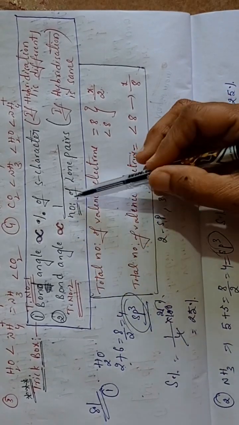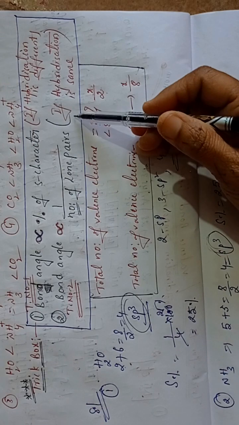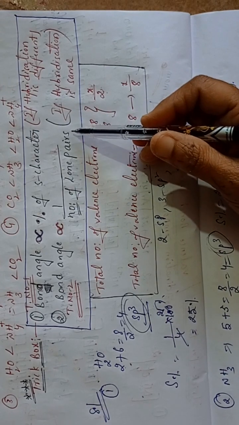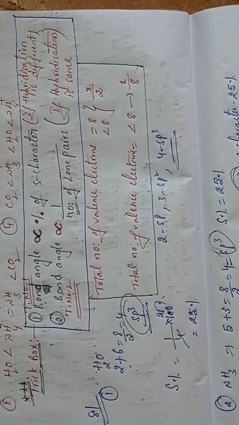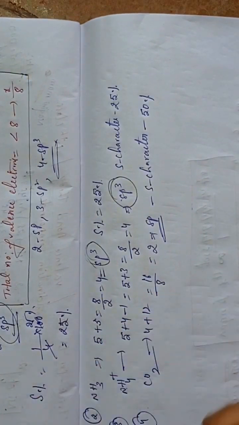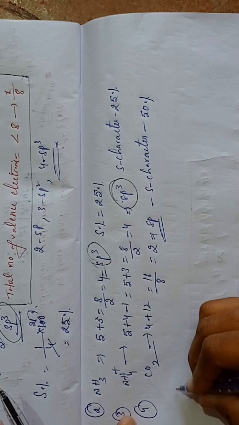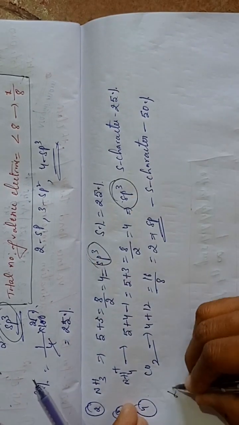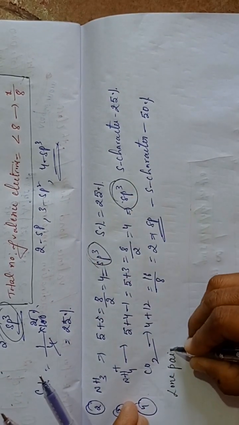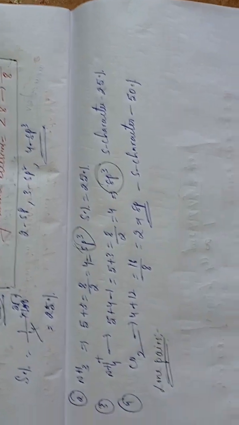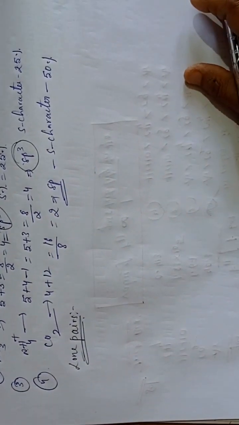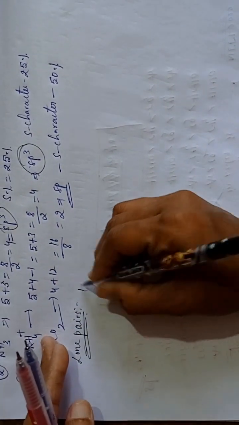Bond angle is directly proportional to 1 by number of lone pairs. So first I'm going to calculate the lone pairs. Okay, for the first 3 compounds I'm going to calculate lone pairs. Water, first one. Now see, students, how to find lone pairs? First, the water molecule.